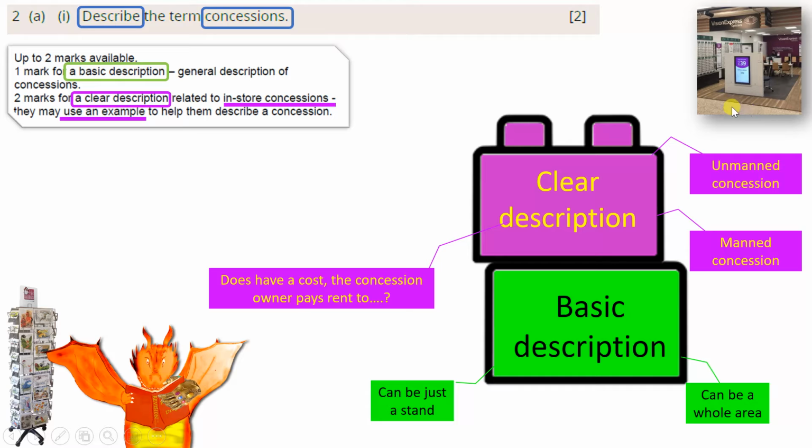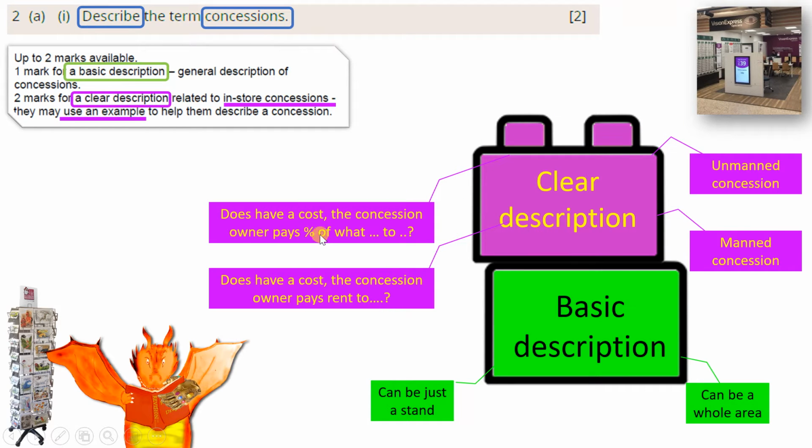And then if they're not paying the rent, they might have made an arrangement that they pay a percentage of what they make to, who is it again that they pay that percentage to? Percentage of what they make, what's that word we call it again? And let's not forget that to put your developed sentences to get to the clear description, you are going to need some high value connectives.